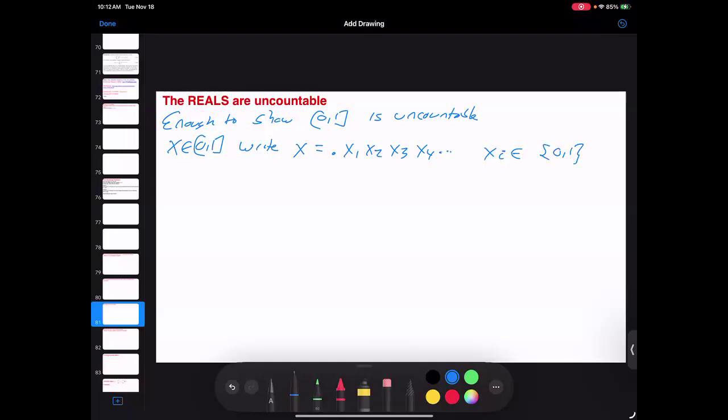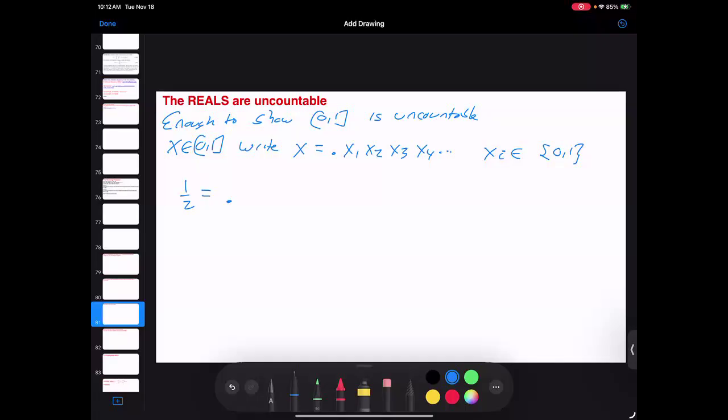Does every number have a unique binary representation? Yes? So if I give you 1/2, how would you write 1/2 in binary? Well, how would you write 1/10 in decimal? 0.1. How would you write 1/2 in binary?